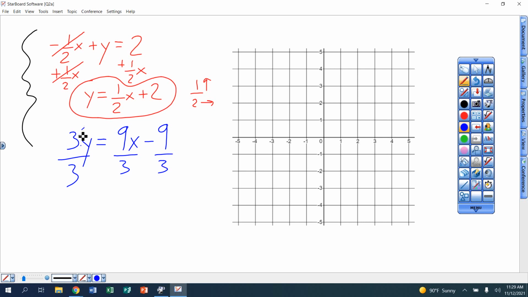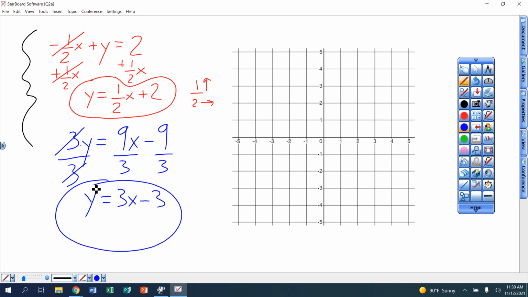So this will make this plain old y, and now I get 3x minus 3. Now that one in blue is ready to go. That number in front of the blue equation's x is 3, made into a fraction, 3 over 1. So here I go. First word is curl.